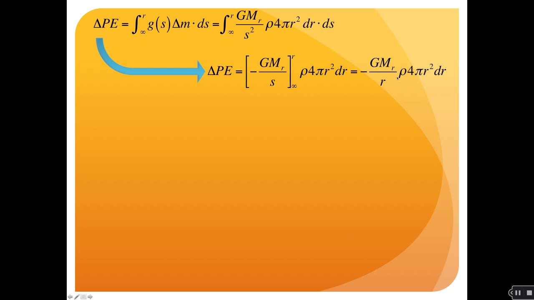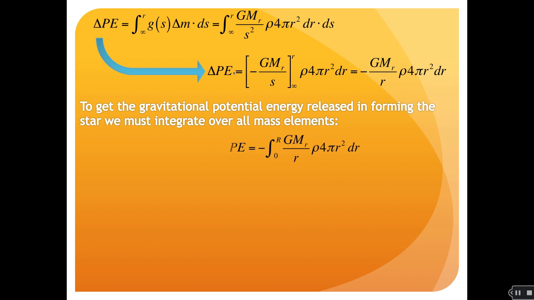And so if we actually evaluate that, we end up with the change of potential energy, the amount of potential energy released in this element that has a mass delta m falling down onto the core of a star, or the beginnings of a star of m of r. And so now we're going to have to integrate that across all of the mass. So instead of being from just this one shell falling down from infinity to the surface, you have to do that for every shell. And so what you get is that you're integrating from 0 to big R, where that's the radius of the star, of this term here.